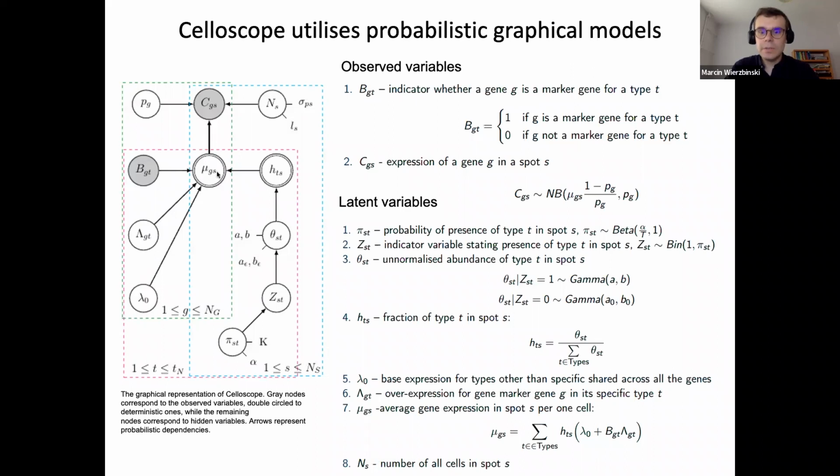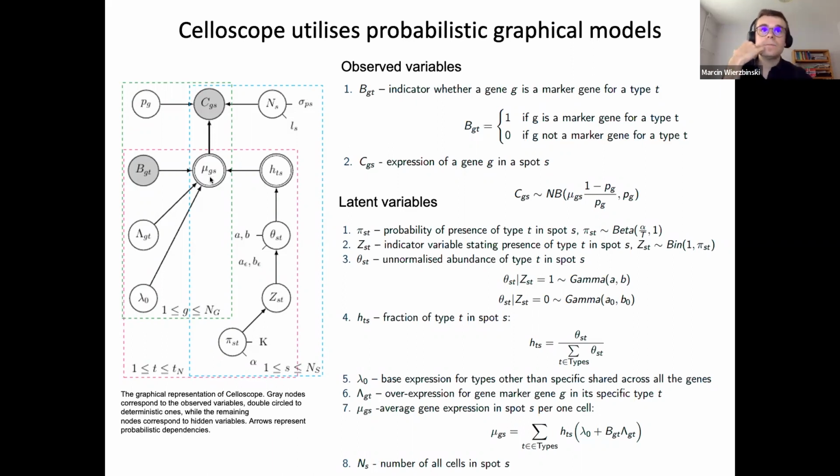A double circle represents a deterministic variable, which means it is computed using variables from previous arrows. The remaining nodes correspond to hidden variables, so the latent variables. Arrows represent probabilistic dependencies that encode the conditional distributions and conditional dependencies.